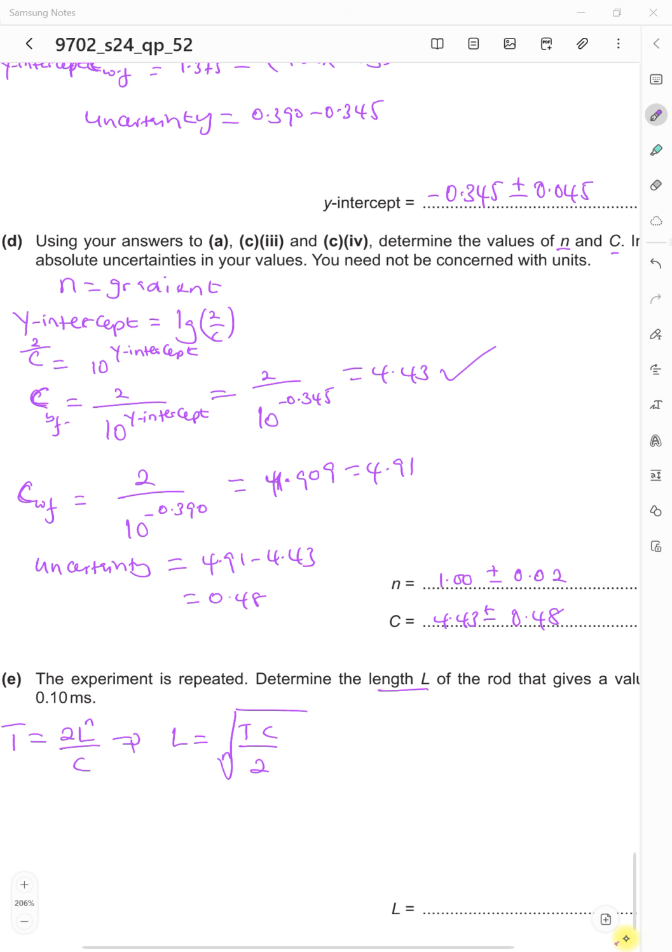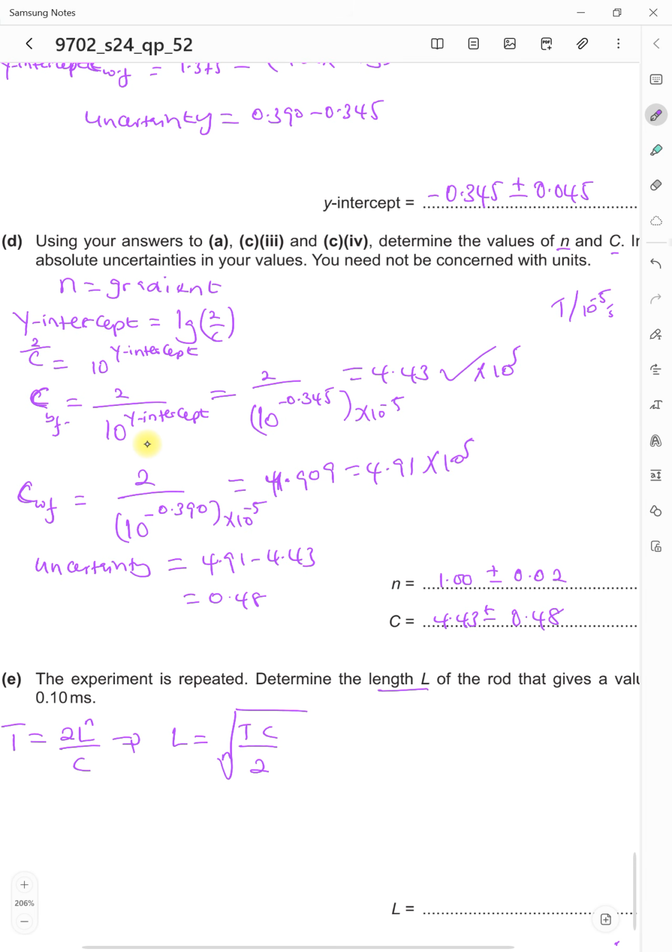Sorry, I think I missed out something here. When I get the antilog of the y-intercept, because on the y-axis we had T labeled as times 10 to the power of minus 5 seconds, I must multiply this by 10 to the power of minus 5. So the answer here becomes times 10 to the power of 5.